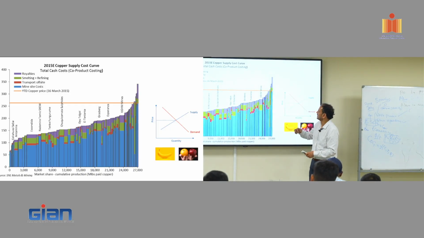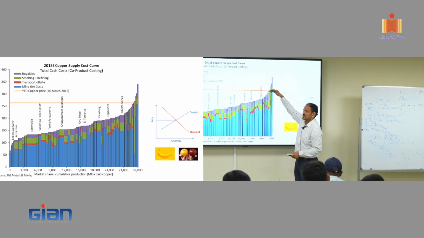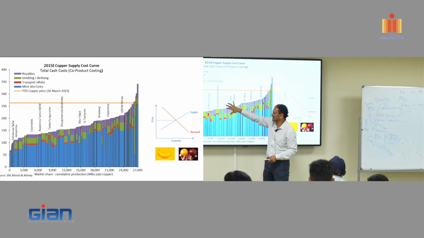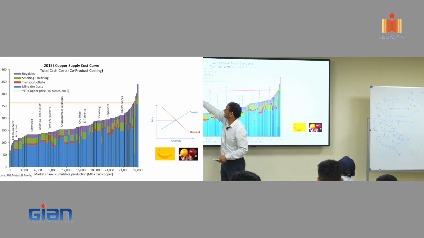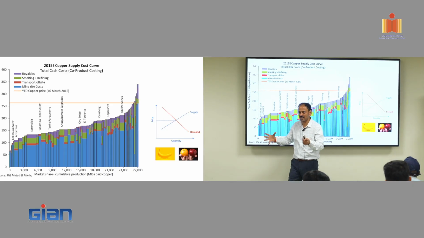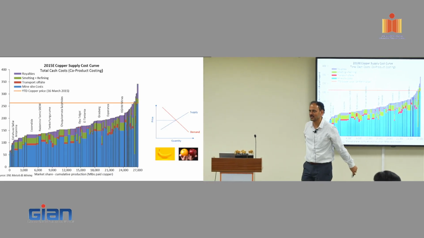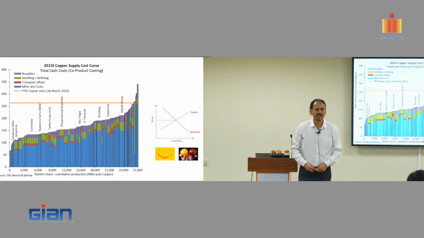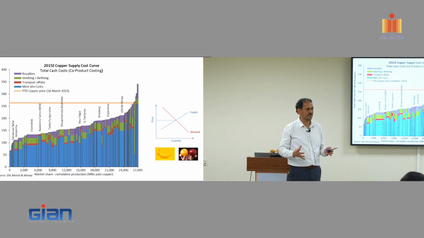These are the companies which are not doing well, at the high end of the cost curve. And you don't want to operate at that lean margin either. You want to always be in this space so that you make more profit and you have more dividends for your shareholders, then your capital raising becomes easier going forward, and then your expansion becomes easier.